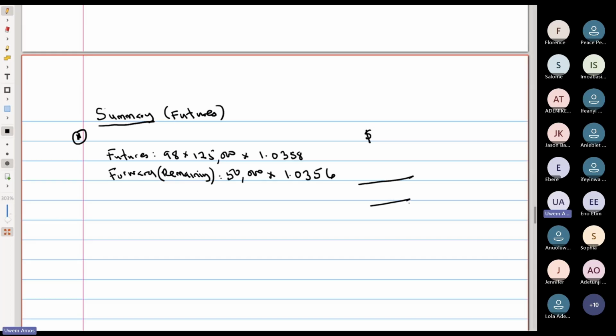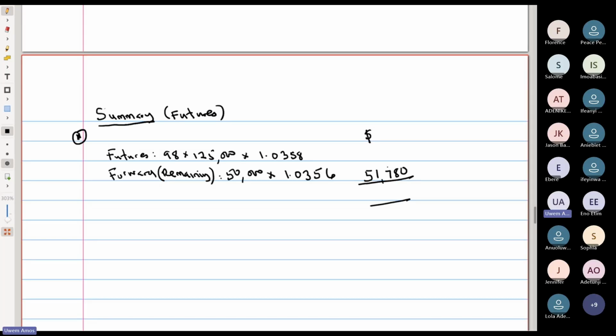All right. Let's get our calculator and plug that in. Then we can round up for today. I'm going to start with 50,000, which is the easier one to compute. 50,000 multiplied by 1.0356 is 51,780.